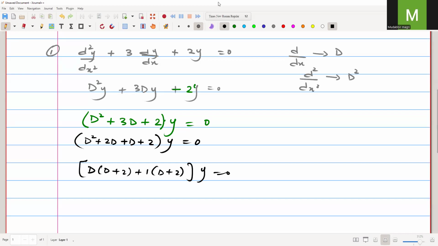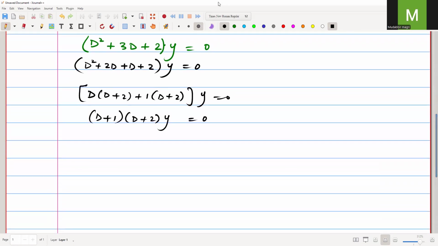So we will have two factors of the operators, one as D plus 1 and the other as D plus 2, applied on y equals 0. Since we are interested in solving this equation for y, we want to find y equals some function of x. Therefore we need to find this function.